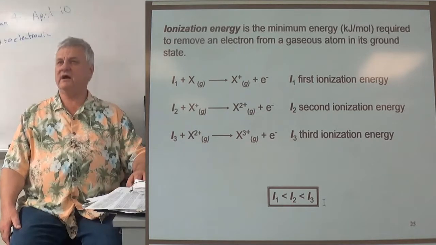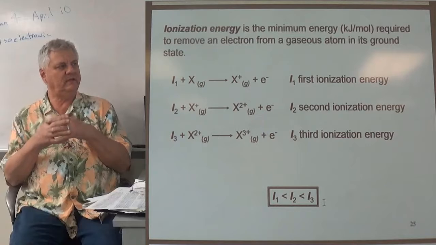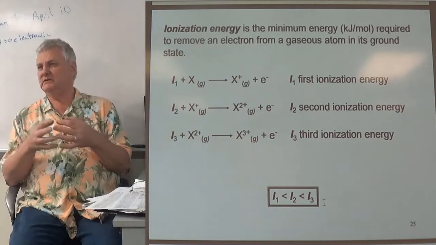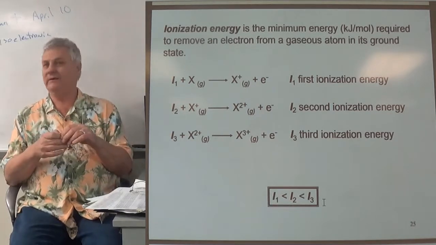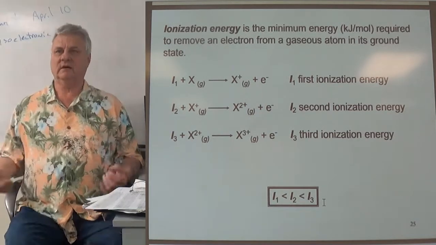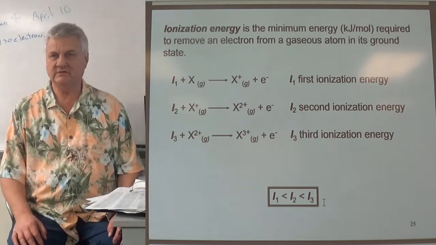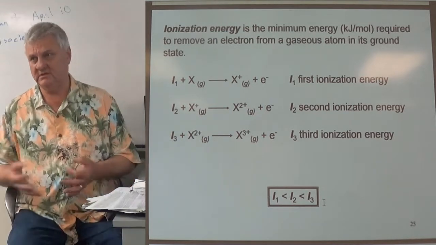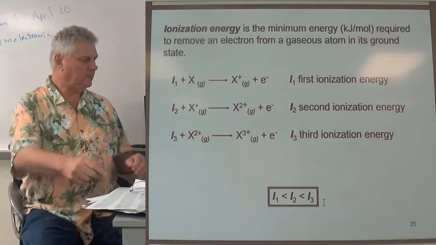So their ionization energies are very high. They're very stable atoms compared to the other elements in the periodic table. And then elements that tend to lose electrons more easily, like the alkali metals, sodium and potassium, their ionization energy is much lower. They really want to lose some electrons, so to speak, to form a cation.